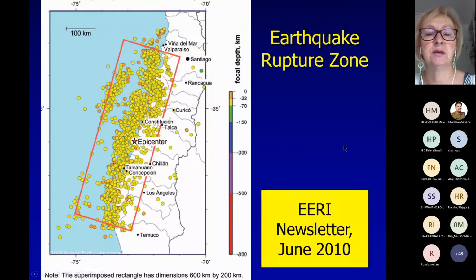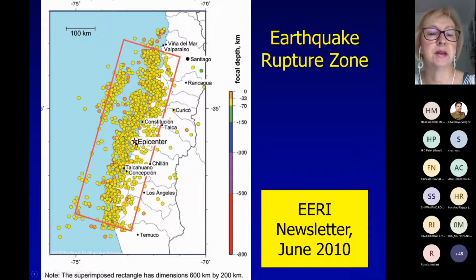Chile is a country, if you look at the map of South America, that goes parallel with the ocean, so it's very elongated. And you can see here these different earthquakes in Chile. The epicenter of this earthquake was very close to, for example, the city of Constitucion.